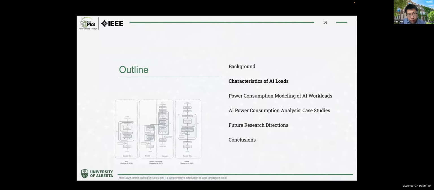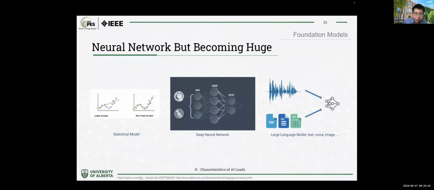Next, I will go into the characteristics of some AI loads. Current general AI is still a machine learning model, so it follows the general line, starting from simpler models to more advanced, bigger models. Starting from statistical models, we may have linear or nonlinear functions, while deep neural networks scale up the model with more layers and more nonlinear relations between the layers.